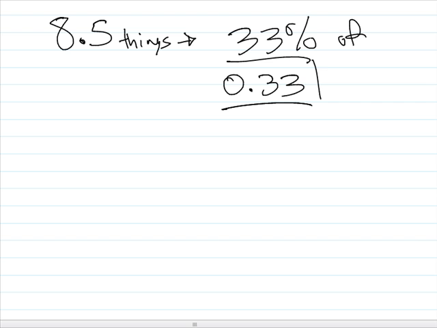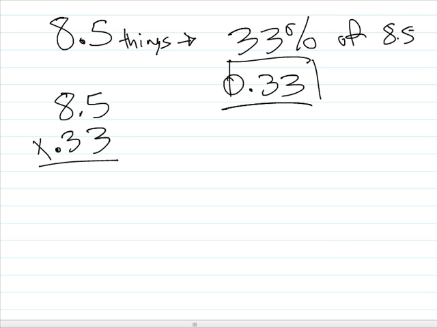So those numbers are equivalent. So if you want to figure out what is 33% of 8.5, let's do that. You set it up, 8.5 times 33%. Now, how many decimal numbers do I have? 1, 2, 3. So I've got 3 this time.